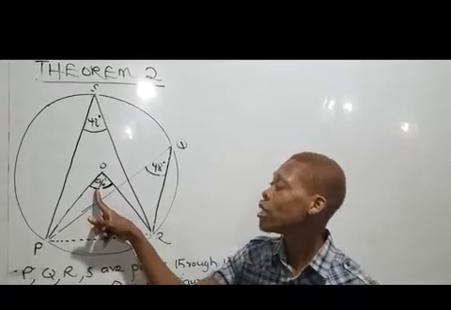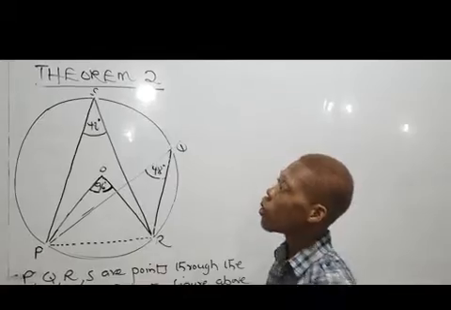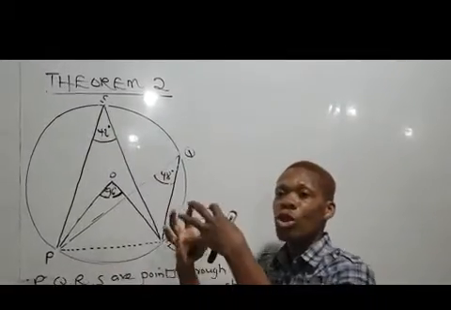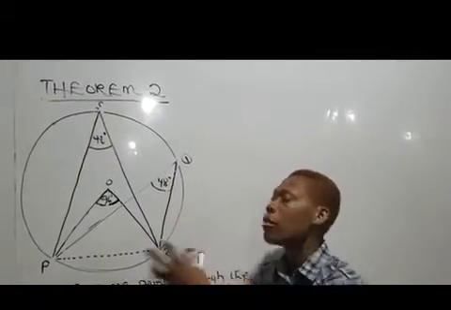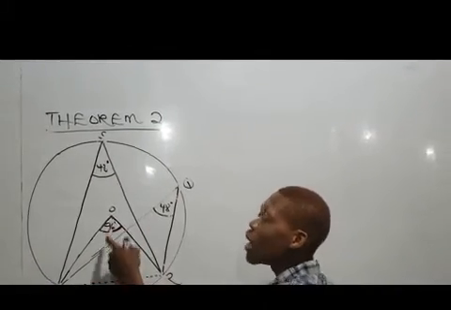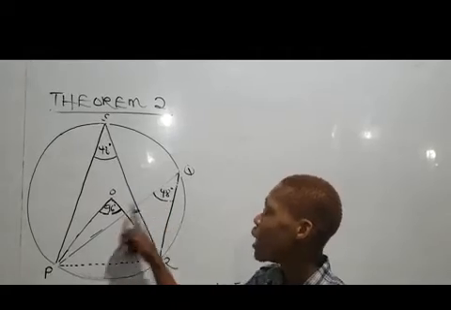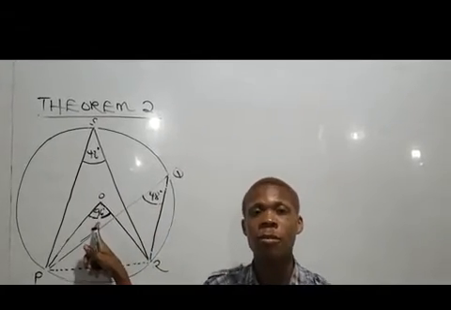There is an objective question on this which we'll look at later in one of the past questions. So anytime you have theorem 1 and theorem 2 combined in a question, when you add the two angles subtended at the circumference, it should give you the angle subtended at the center. So you realize that when you add 48 plus 48, it will also give you the 96.